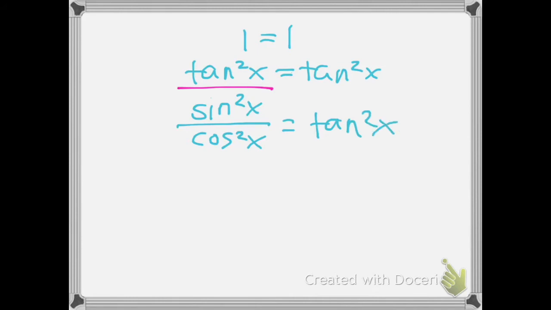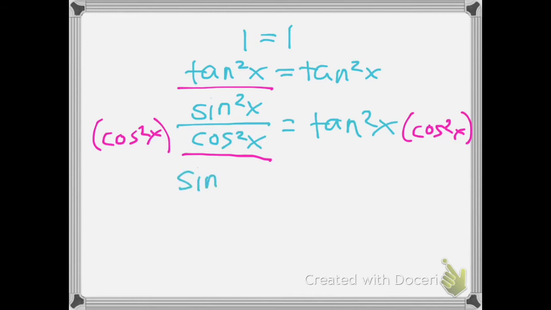Now I want to get rid of this denominator, so I'm going to multiply both sides by cos squared x. And that leaves us with sine squared x equals tan squared x times cos squared x.